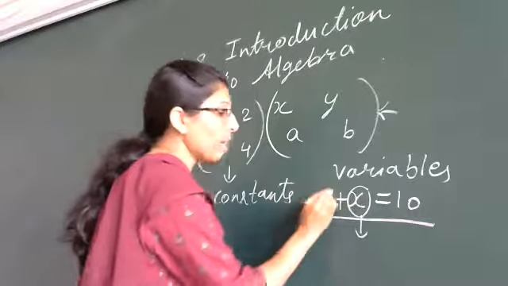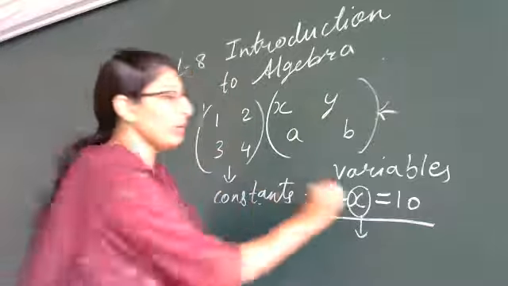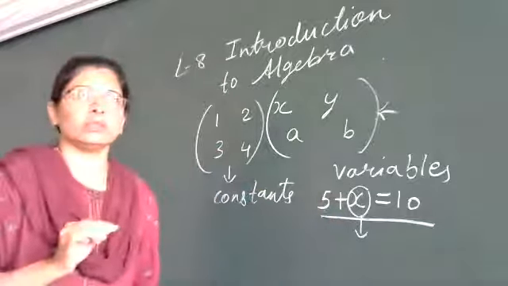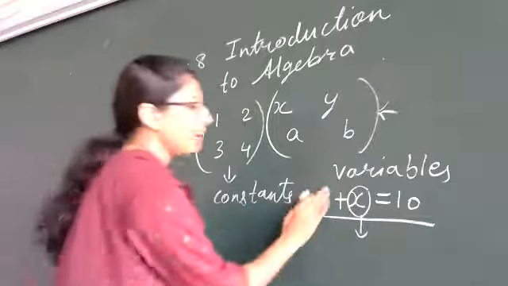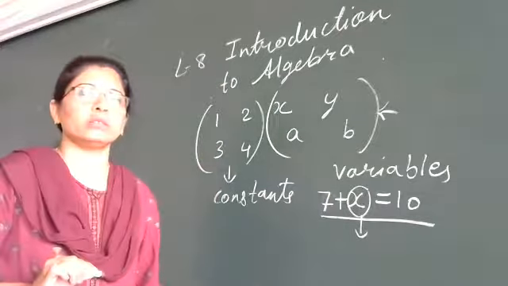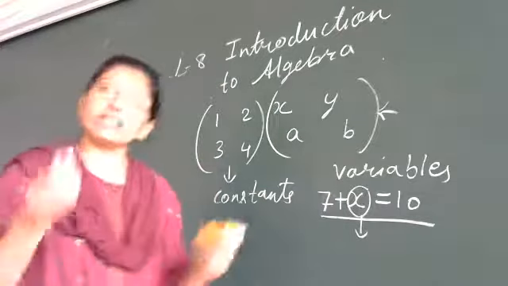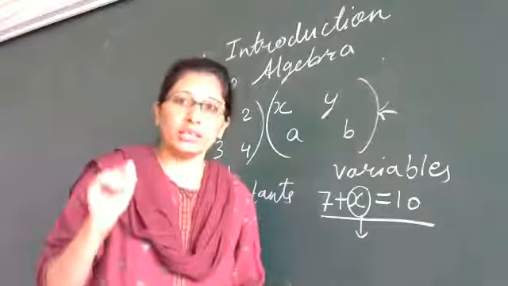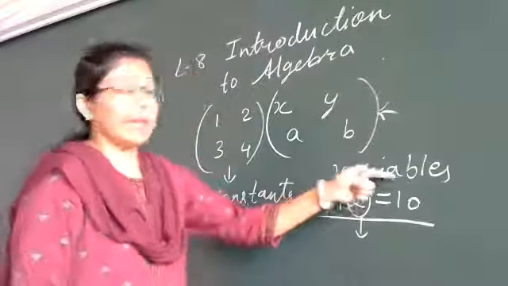For example, if 5 is there, what will be x? 5. If 7 is there, what will be x? 3. So its value changes. So x is a variable.